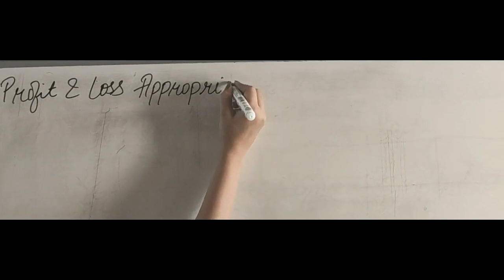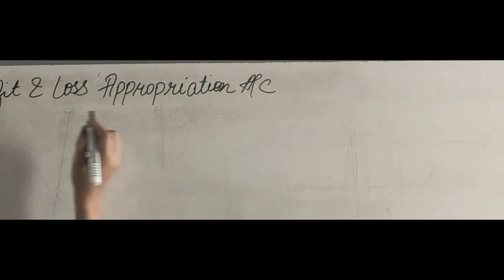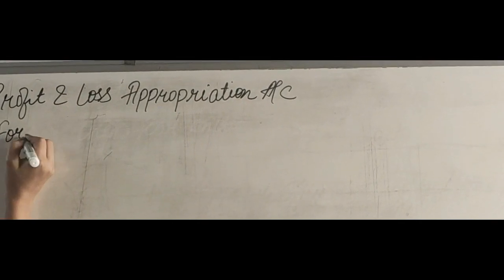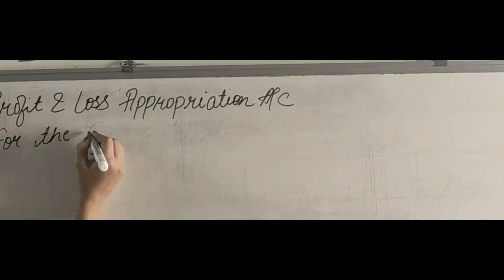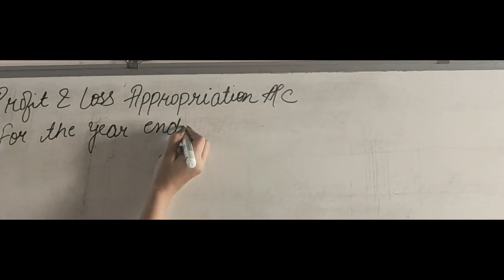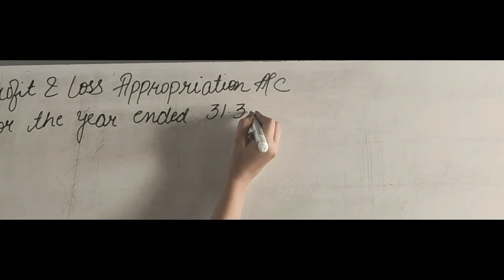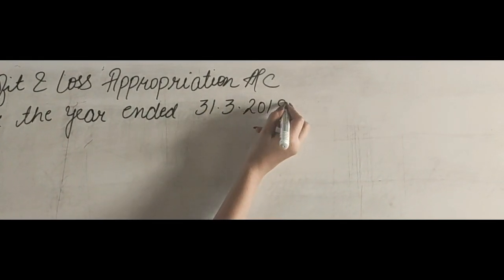Now I am preparing the profit and loss appropriation account. Students, please remember that the year should be mentioned. It is mandatory. Some students in the exam do the question very fast. That's why they do not mention the year and the examiner deducts marks.